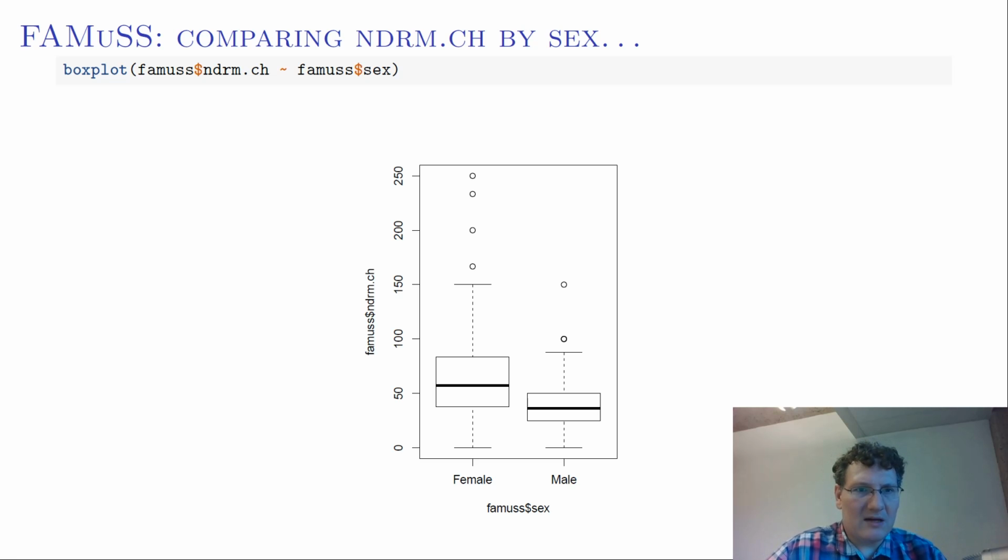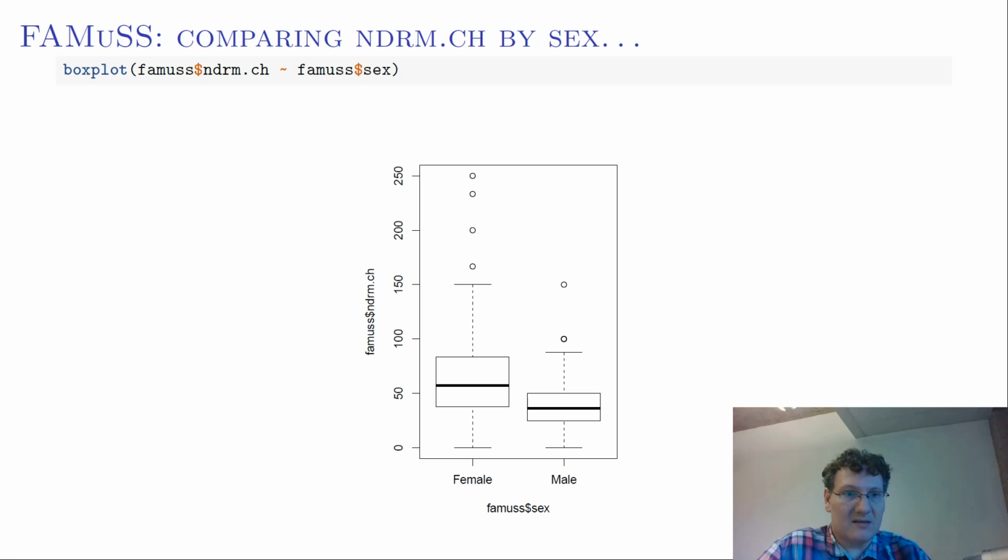So taking a look at NDRM.ch, you can see the distributions of these two samples, and it looks to be different from the box plot.